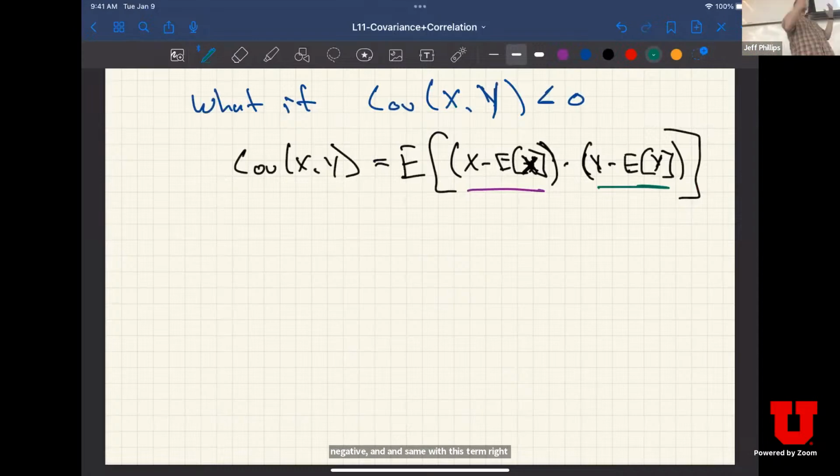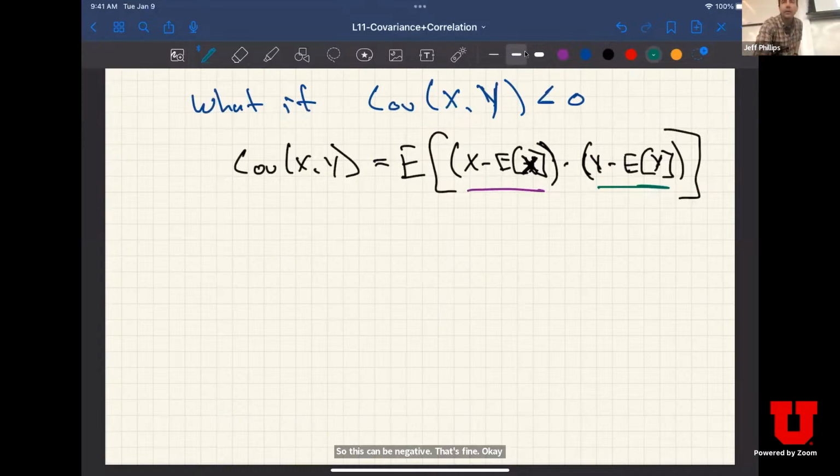With variance, even if that term was negative, we squared it, so it became positive. So variance is always positive. But covariance can be negative here because we could have x positive and y negative, or vice versa. Okay, so this can be negative, that's fine.